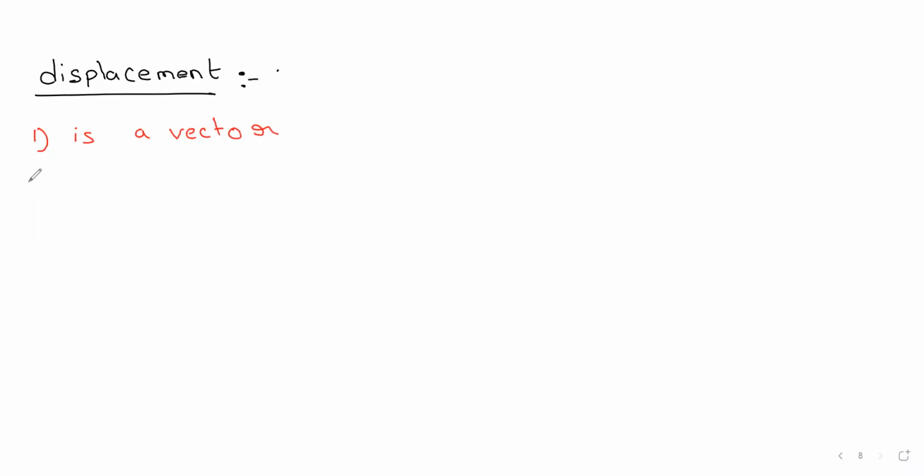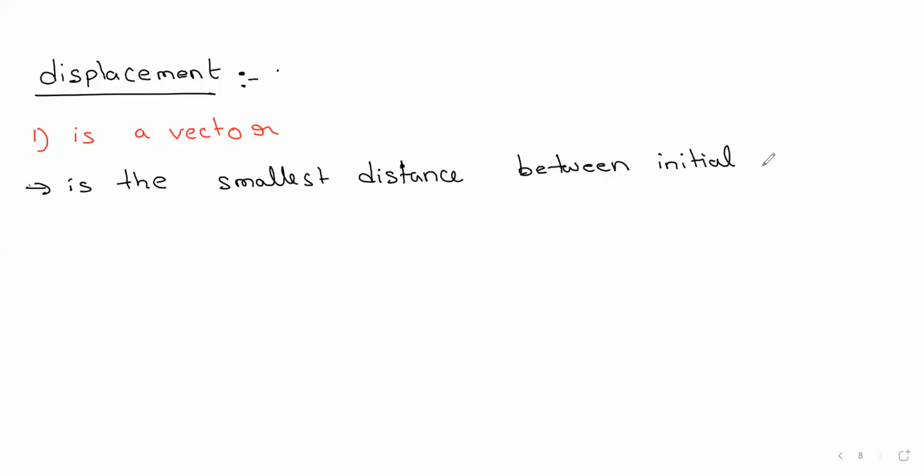Second point: displacement is the smallest distance between the initial position and the final position. This definition is perfect.